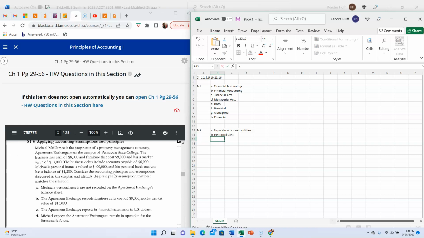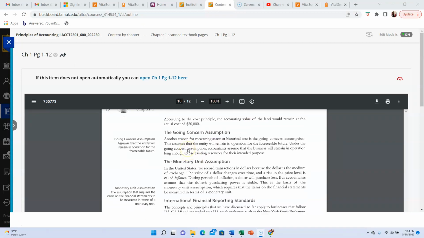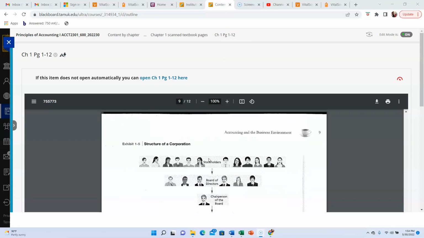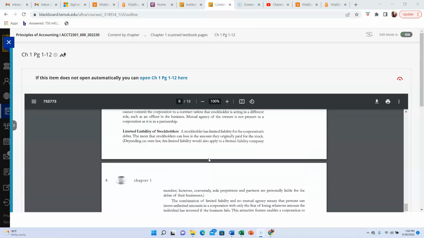The apartment exchange reports its financial statements in U.S. dollars. It's the dollar assumption, but let's see if I can see what they call it. I'm going to pause and go find it. Okay, I'm in the first link, page 1 through 12, and here are all these assumptions that I'm pulling from.